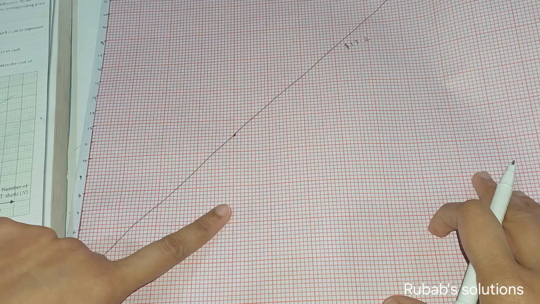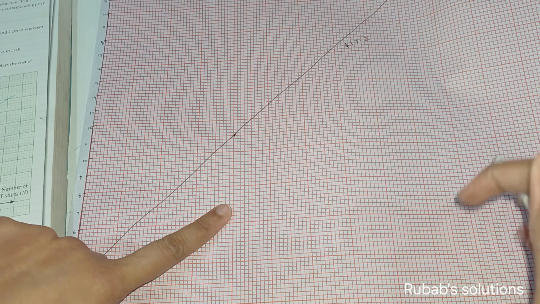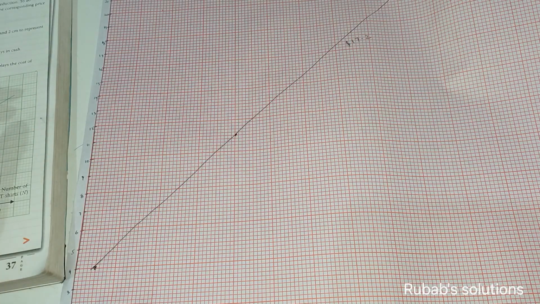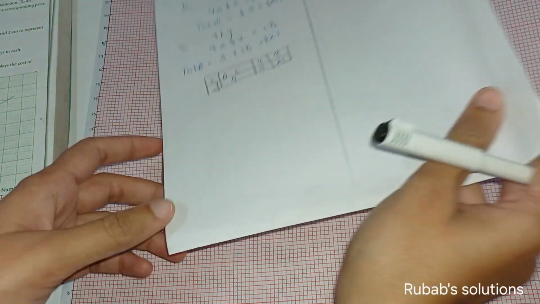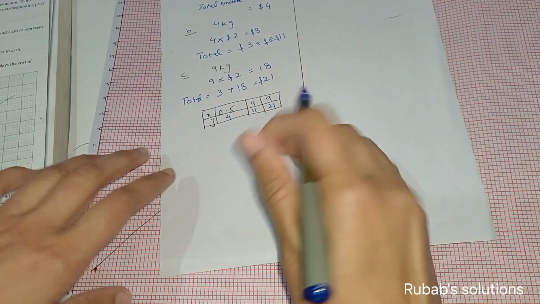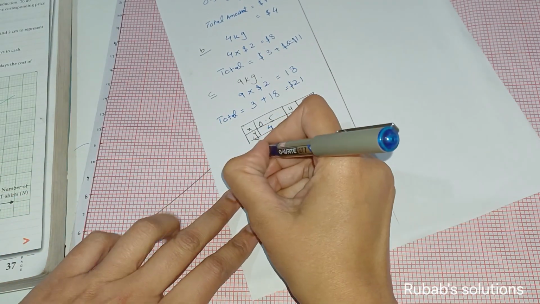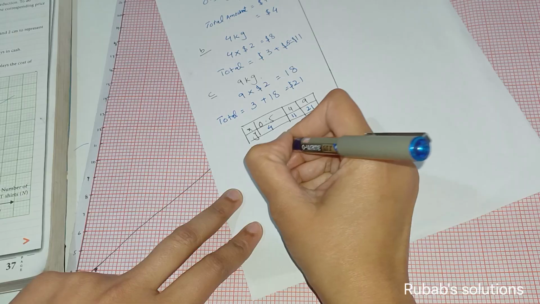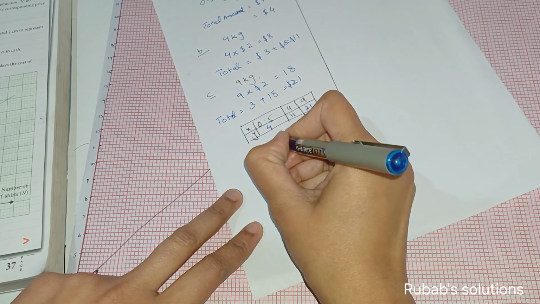Next one is 18.5 kg. So this we will find out with the help of our equation. 18.5 kg, so that means we will multiply it with 2. So $2 for 1 kg.